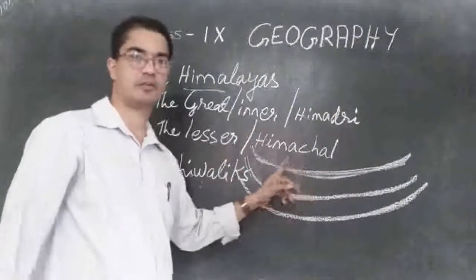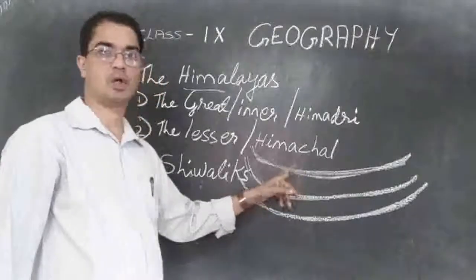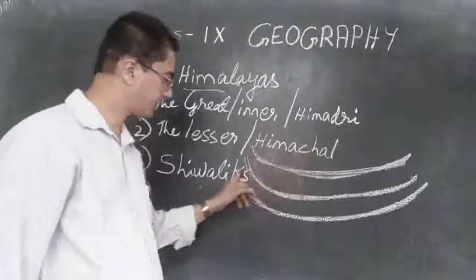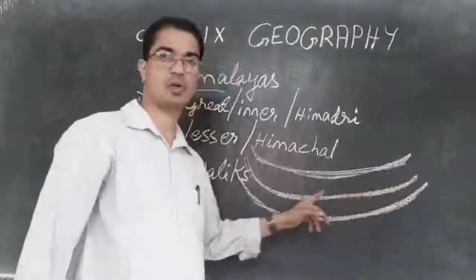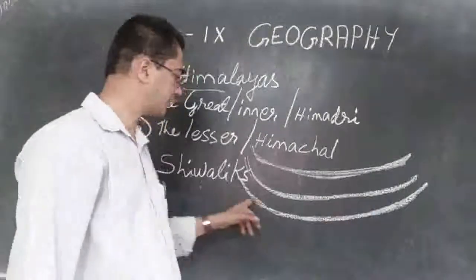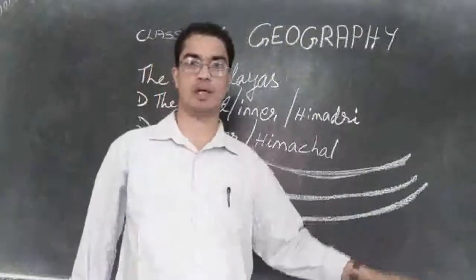So we are dividing it into three names. We call the first Greater Himalaya or Inner Himalaya or Himadri. Then the second range we call Lesser Himalaya or Himachal. Then the third range we call Shivalis.